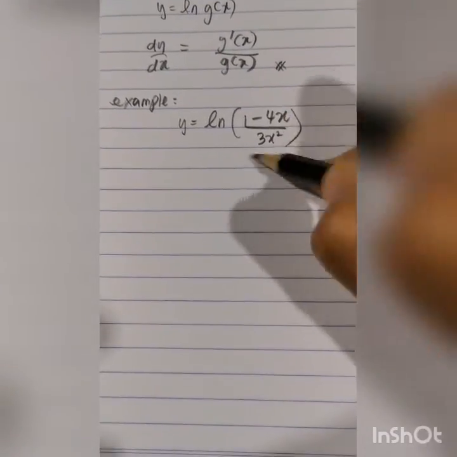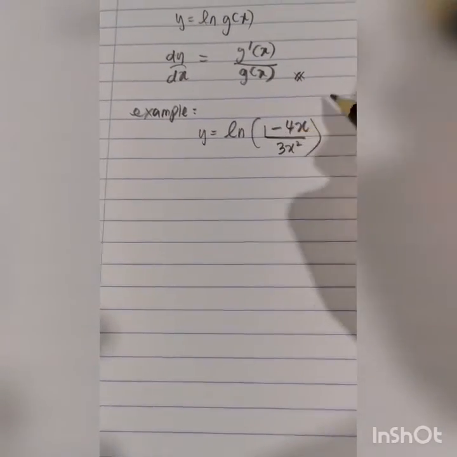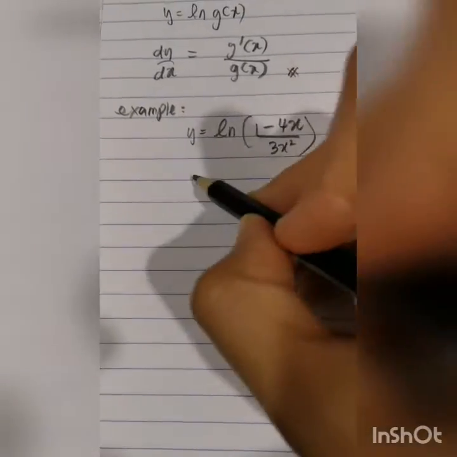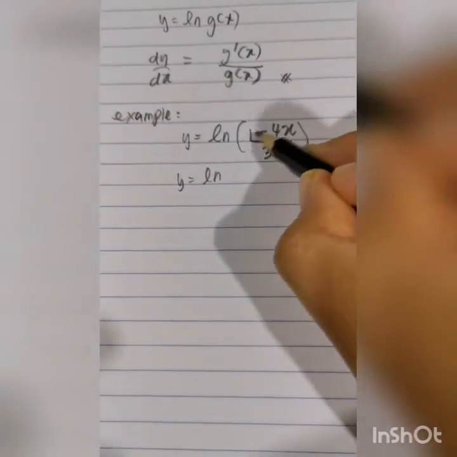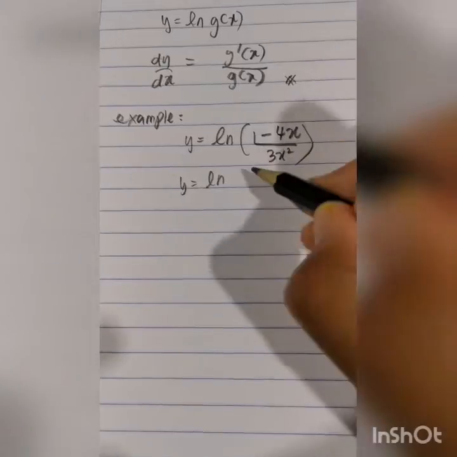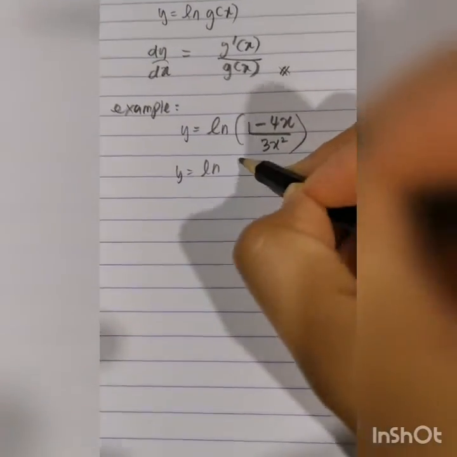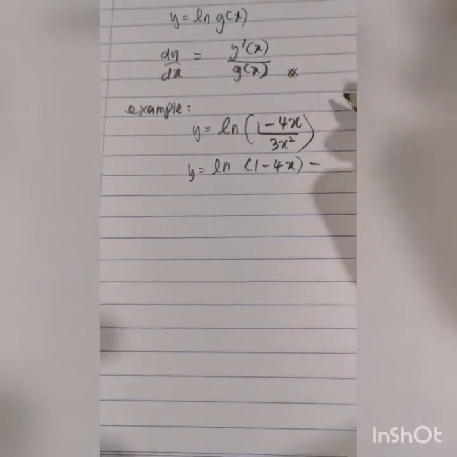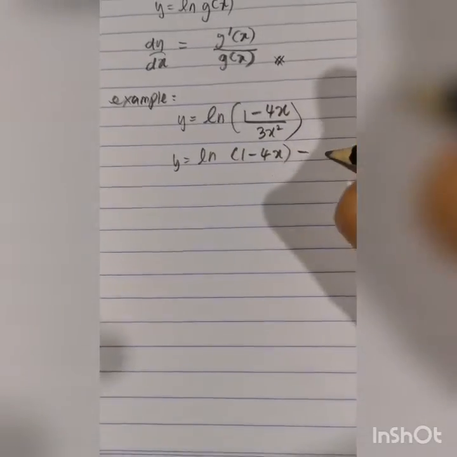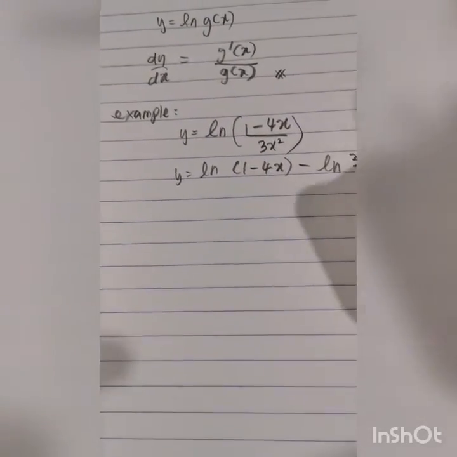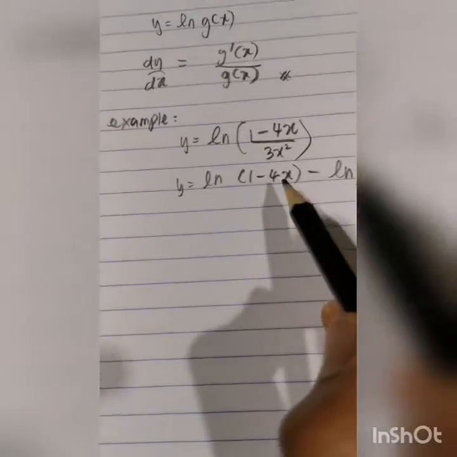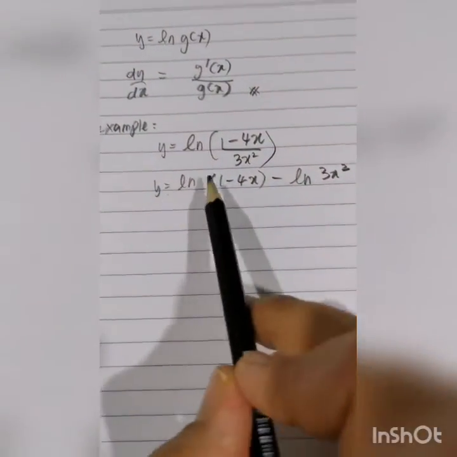So we have to simplify using the law of log first. So y equals ln((1 − 4x) over 3x²) is ln(1 − 4x) minus, because divide will be minus, ln(3x²). So now we can differentiate one by one.